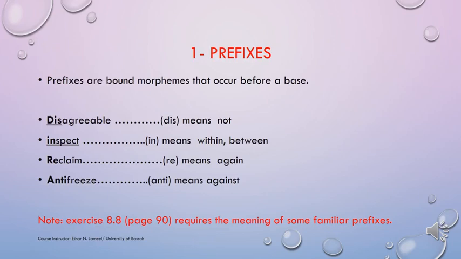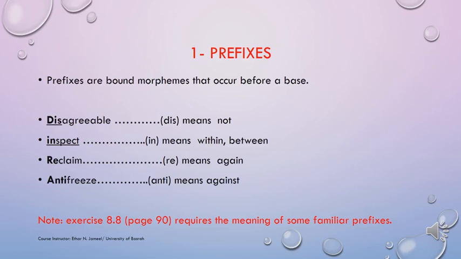Now we come to the second classification, bases and affixes. Agree is the base because agree carries the principal meaning of the word disagreeable. So agree is the base, and the type of this base is a free base.